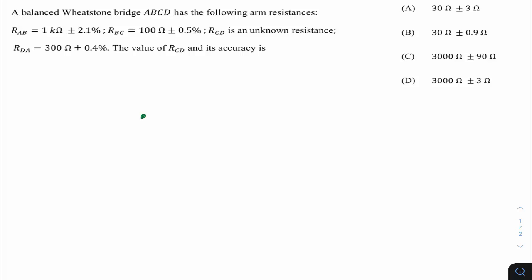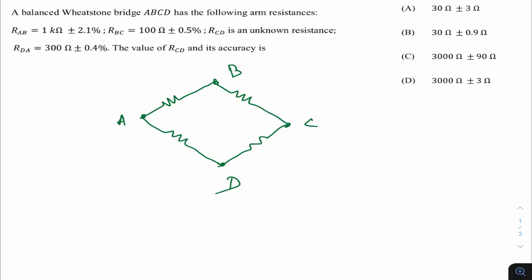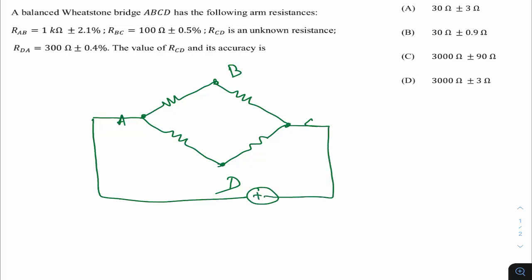Let me take 4 nodes: node A, node B, node C and node D. You can take your own choice. This is one resistance RAB, this is RBC, this is RDA, and this is RCD. If I take the supply like this, definitely the bridge element, which is RBD, should lie here.